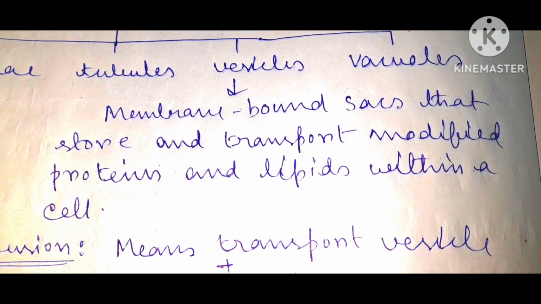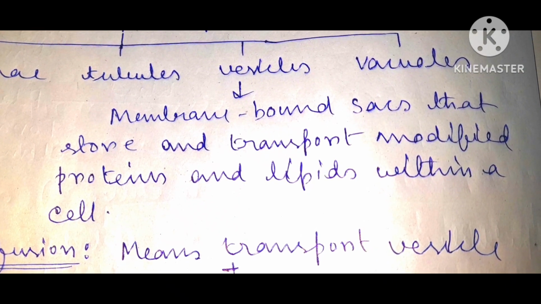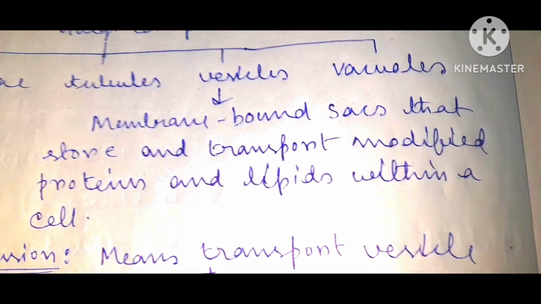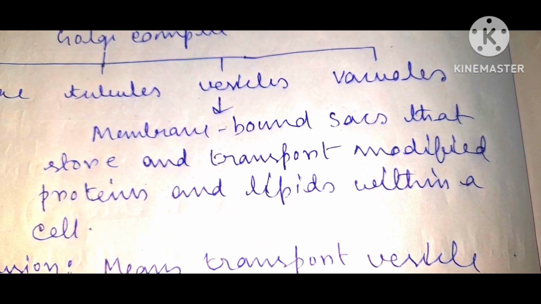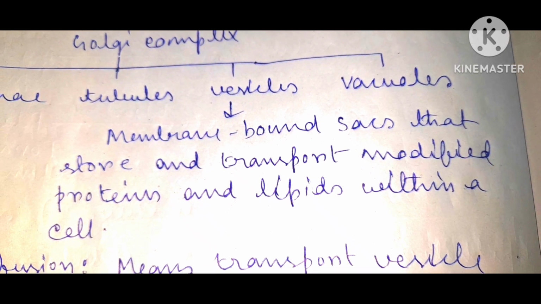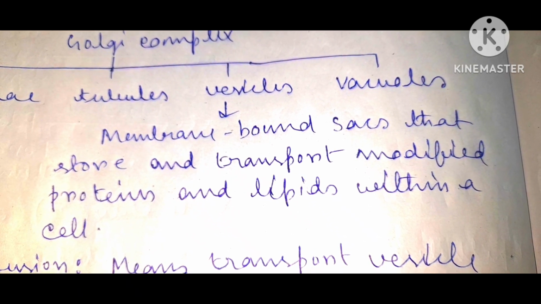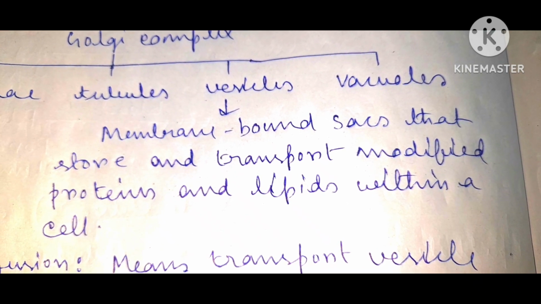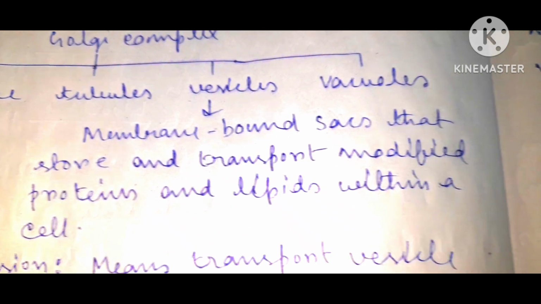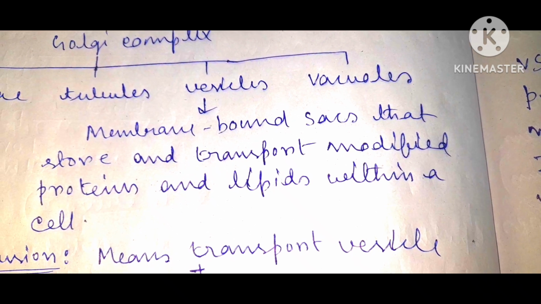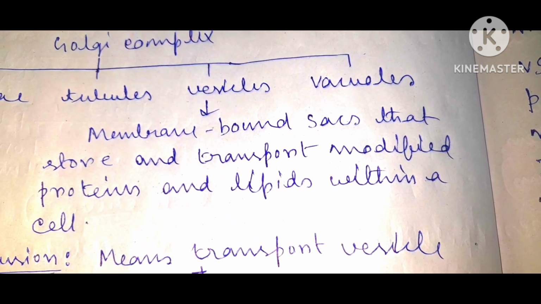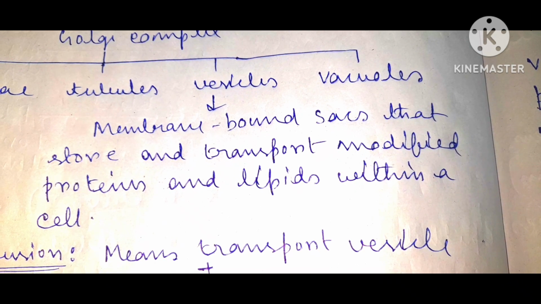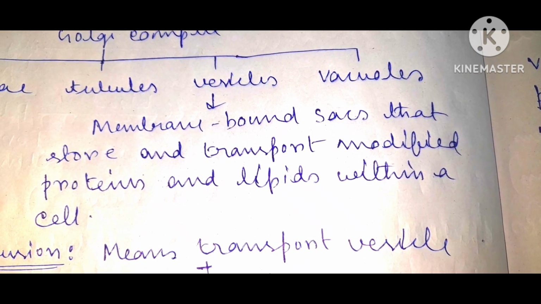Vesicles are membrane bound sacs that store and transport modified proteins and lipids within a cell. So the main function of this vesicle is to store and transport modified protein and lipid within a cell.